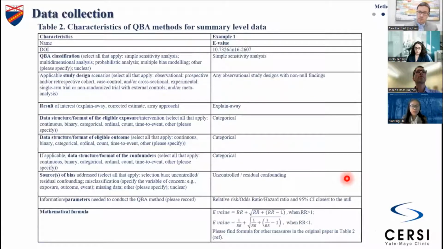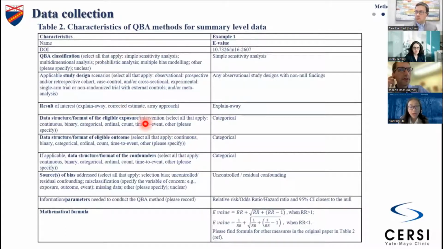After we include the QBA methods of interest, in terms of the key information we want to abstract from the QBA methods, I figure it will be more straightforward if I just walk you through a method that we already abstracted, the one I've already talked about, the e-value method. For each QBA method, we will first abstract the name of the QBA method, what category it belongs to, what study design it applies to, and the result of interest of this QBA method.